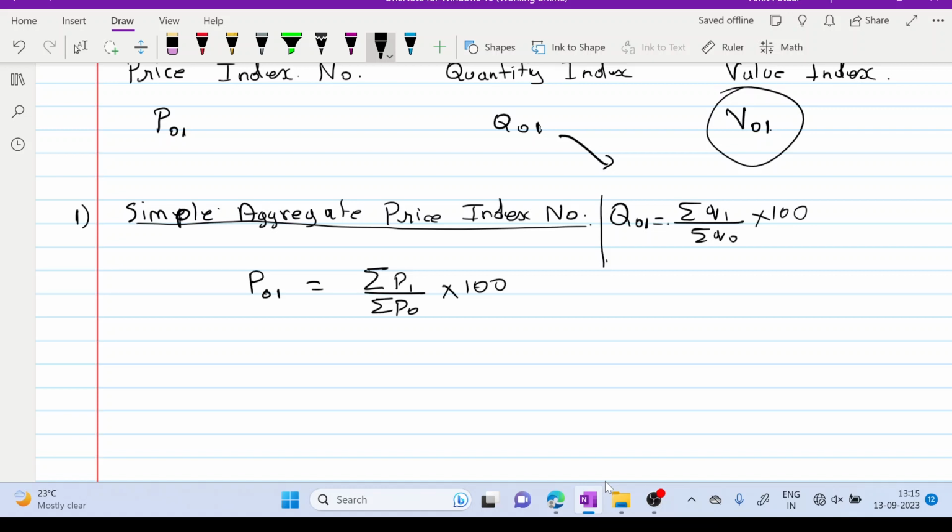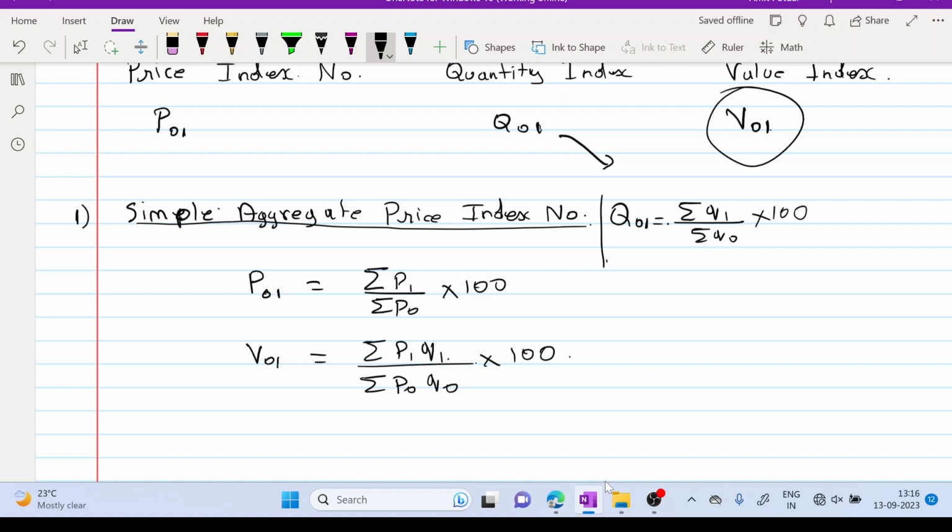So ये V01 क्या आएगा? V01 will be summation P1 Q1 divided by summation P0 Q0 into 100. So the value index number is going to be summation P1 Q1 upon summation P0 Q0 into 100. Try and understand the simple logic that it's working with.